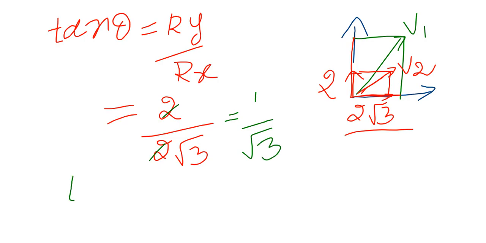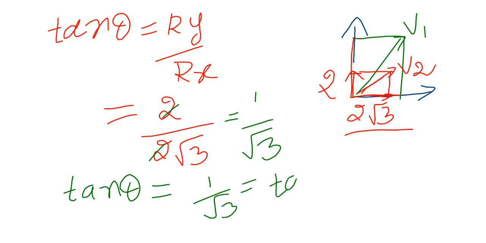So theta is 30 degrees. So the first ball is making an angle of 45 degrees, and the second ball is making an angle of 30 degrees.